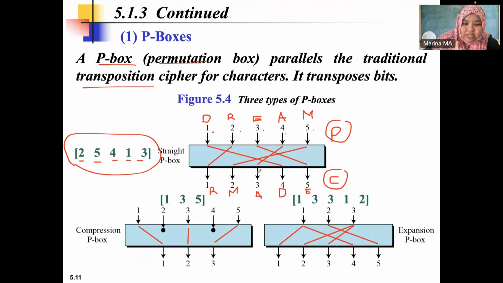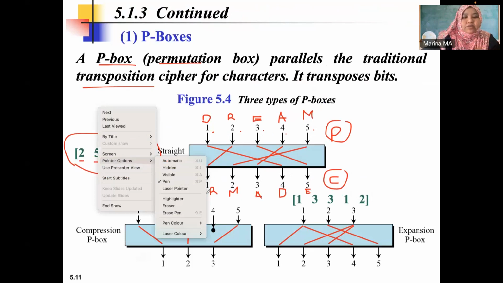The third position in the ciphertext comes from the fourth position in the plain text. If in the exam I give you this, you change this to this. Can you do that? So how to read this? You arrange 1, 2, 3, 4, 5. So look here. Okay, try. Let me use a different color.